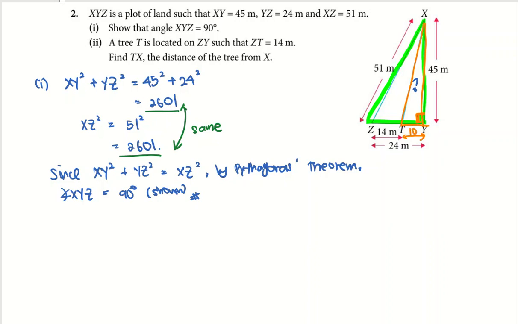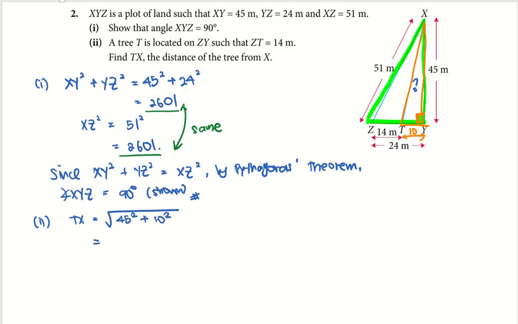So with that, let's plug in Pythagoras theorem straight, because I can now apply Pythagoras theorem since I know that there is a 90 degree, which is angle XYZ. I want to find your length TX. I'm going to apply Pythagoras theorem straight, and make use of the square root immediately. Since TX is your hypotenuse, it will just be the square root of 45 square plus 10 square.